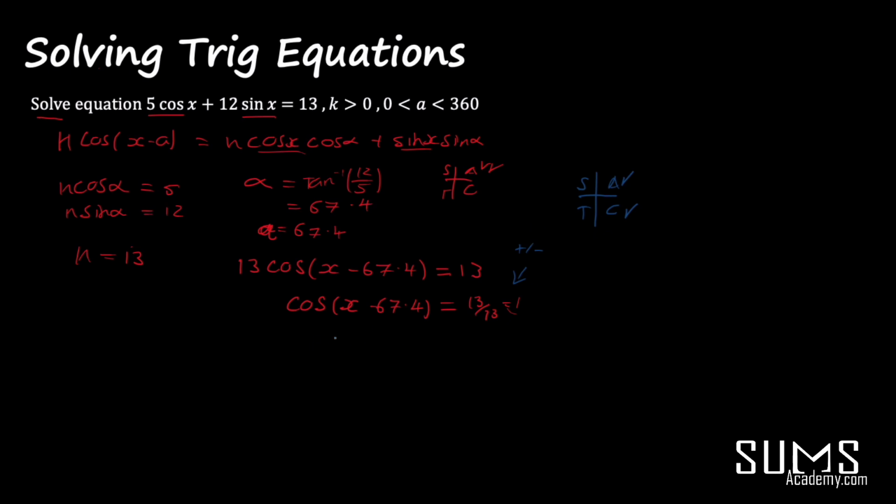So we want to take the inverse cos of 1. So x minus 67.4 equals inverse cos of 1, and we all know that the inverse cos of 1 from our cos diagram is, big drum roll, not really, 0 and 360 degrees.